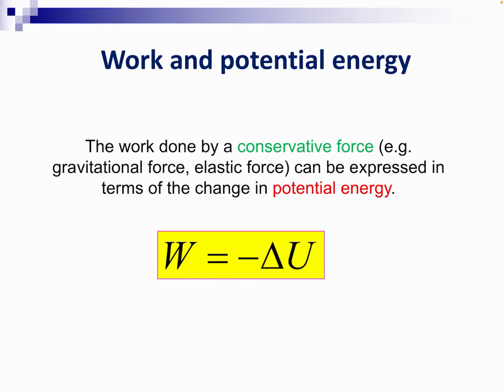So the negative sign here means that as work is being done, the gravitational potential energy should decrease. So going back to the demonstration with the bow and arrow, I'll try to make a better job.